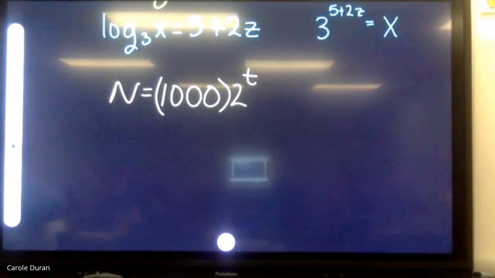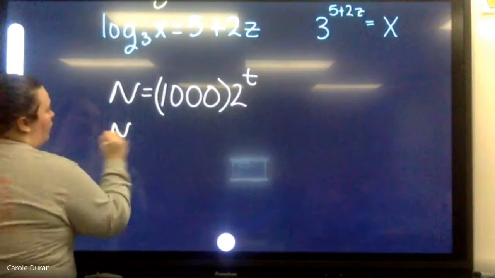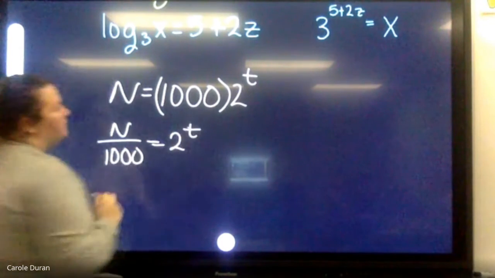I would like to get t by itself. Right now, the 2 and the t are permanently attached. What's not permanently attached? The 1,000. How do I get rid of that? Divide it to the other side. So I have n over 1,000 equals 2 to the t.